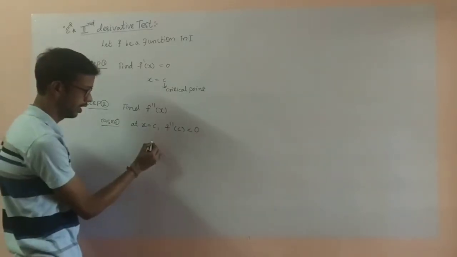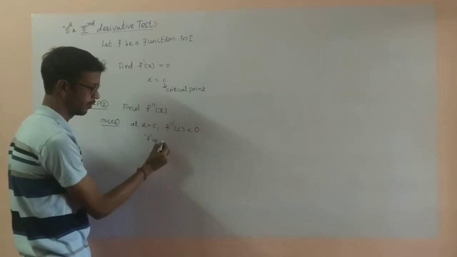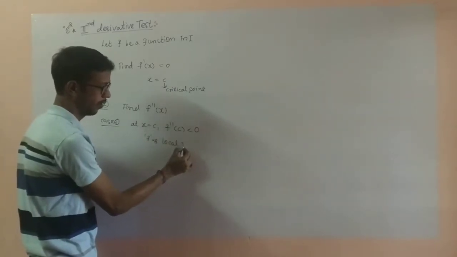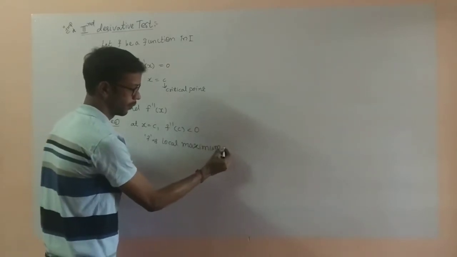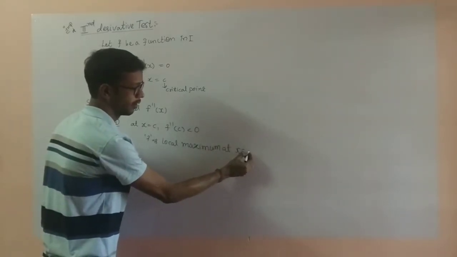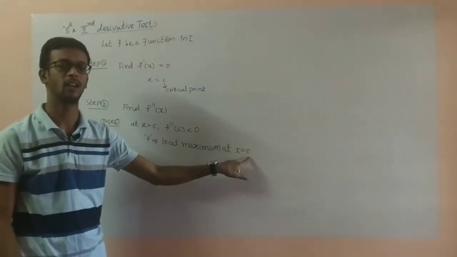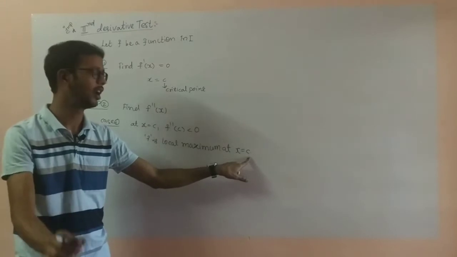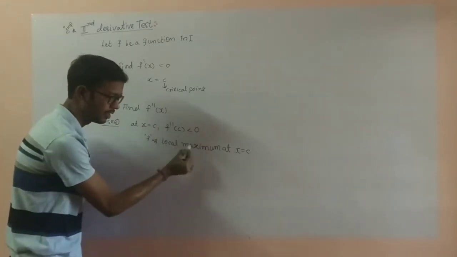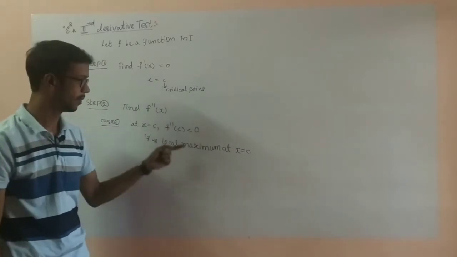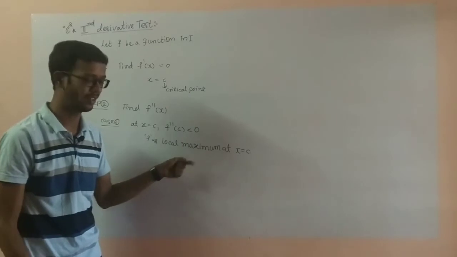If you are getting f double dash of c less than 0, then function f has a local maximum at x equal to c. That particular point c is called a point of local maximum. You observe, less than 0 means maximum. You have to remember this one. Double derivative less than 0 means the maximum value.